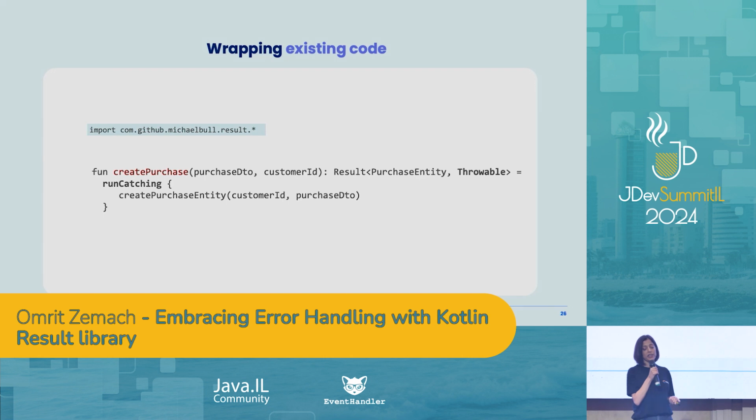So what we gain here is that runCatching, by wrapping the existing code, makes your function secure and safe. Your function cannot throw an exception at runtime that can explode, because it returns a Result with Throwable as the error. It's true that the Throwable type is not clear, but we will see later how we can improve it.